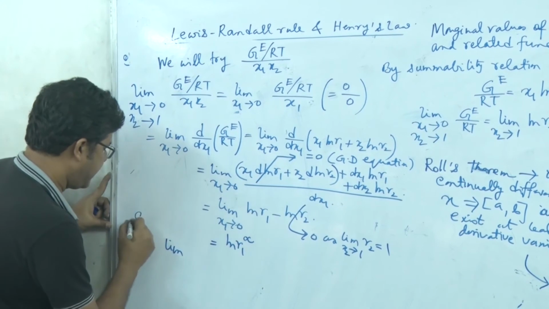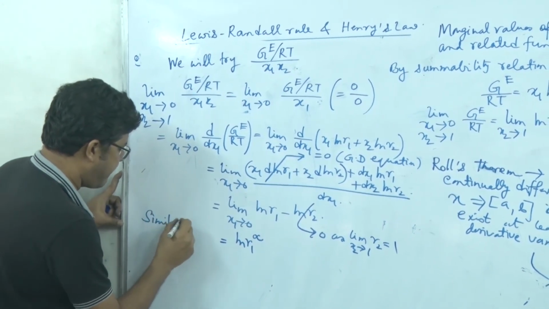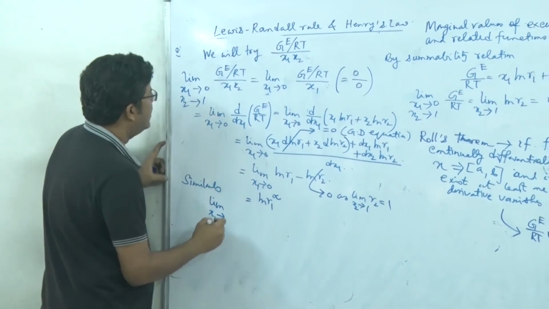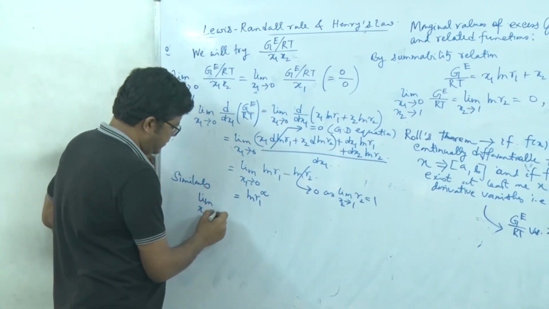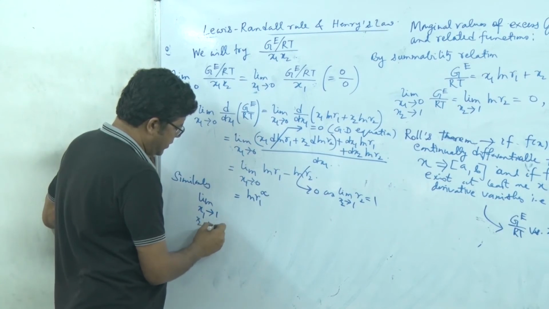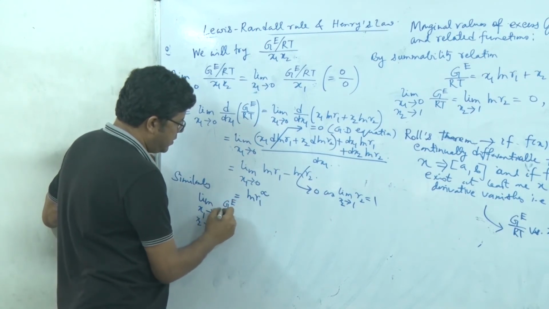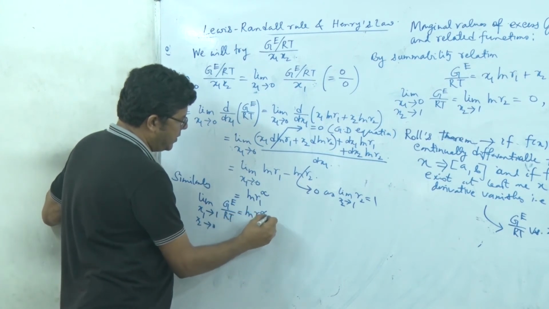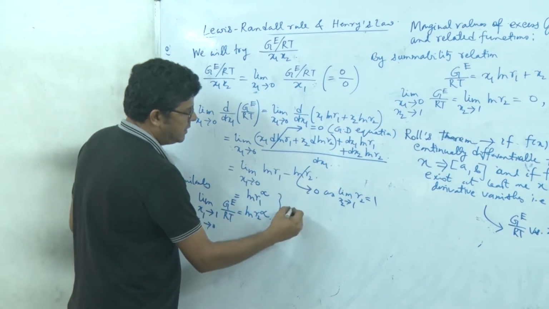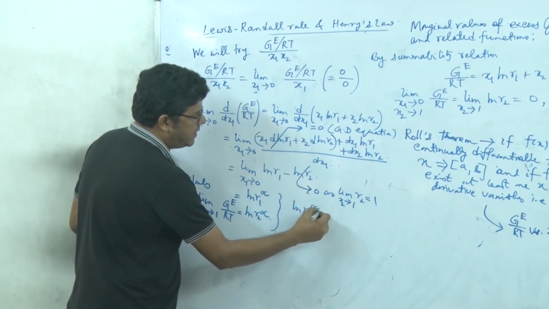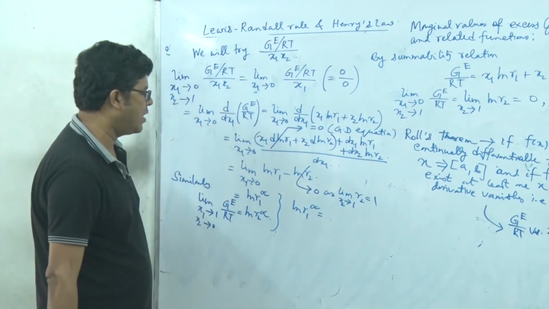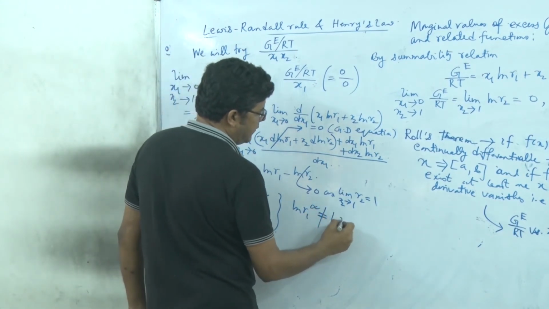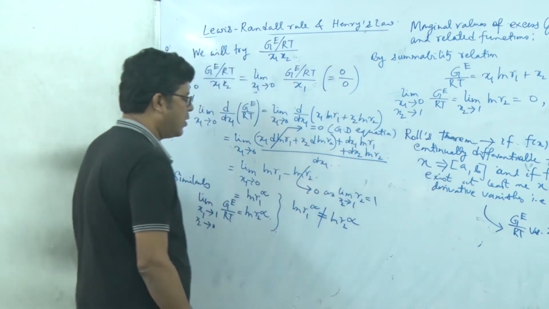Similarly, limit x1 tending to 1 and x2 tending to 0, G by RT equals ln gamma 2 infinity. Now you see that ln gamma 1 infinity, the infinite dilution property of one component, is not at all equal to the infinite dilution property of the other component.